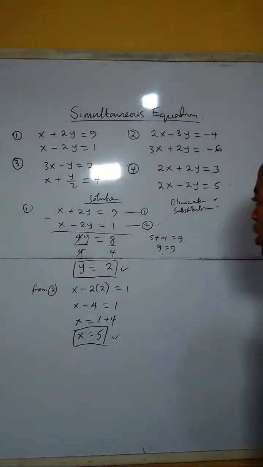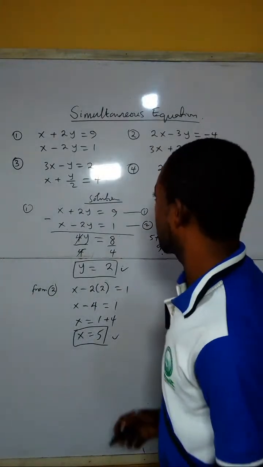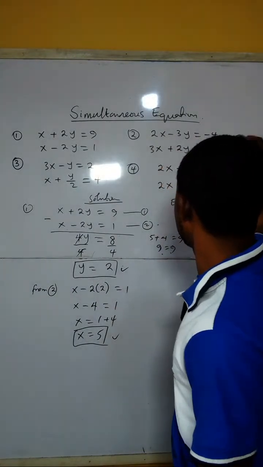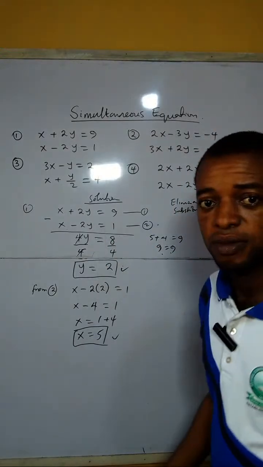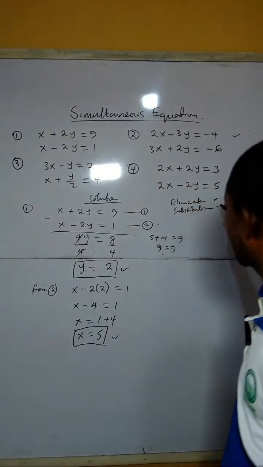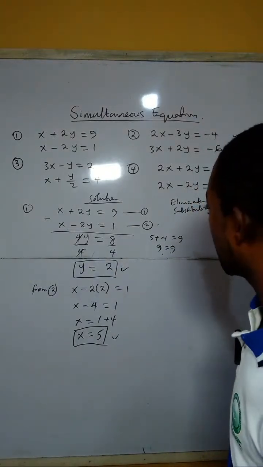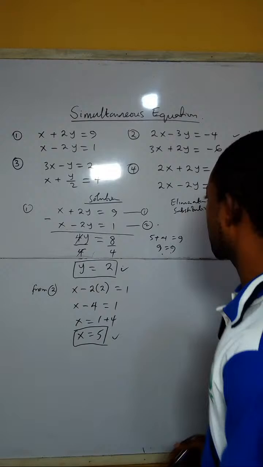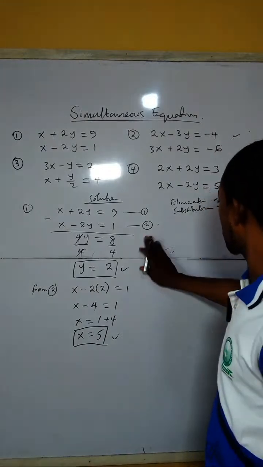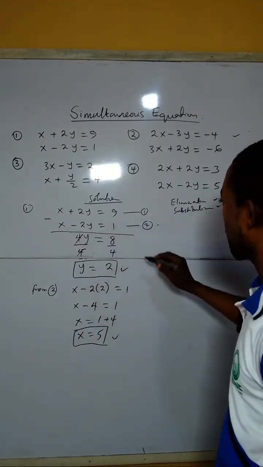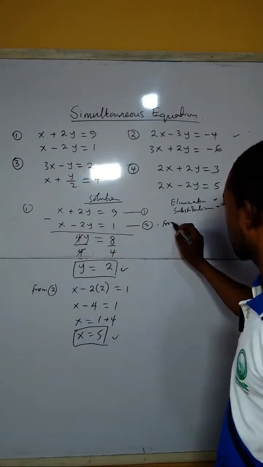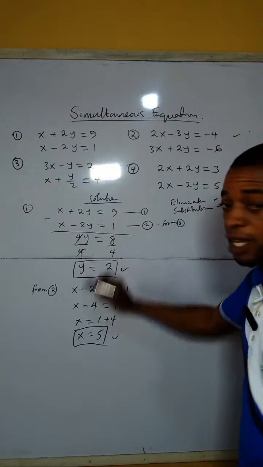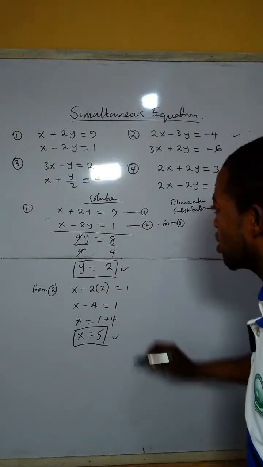And also, before we go to number 2, we can actually solve this by the substitution method as well. But the fastest one here is the elimination method. So to use the substitution method here, from equation 2, we can make x the subject of the formula.